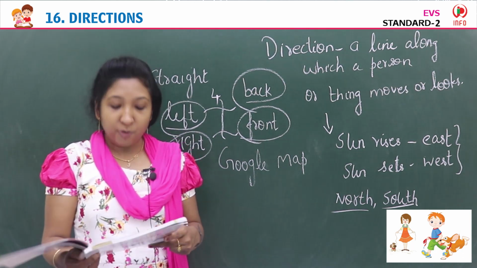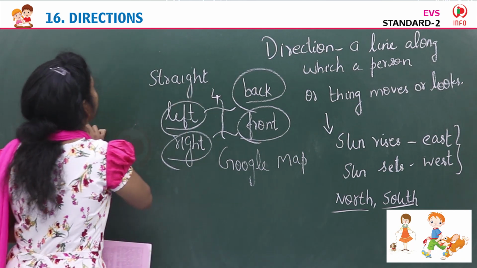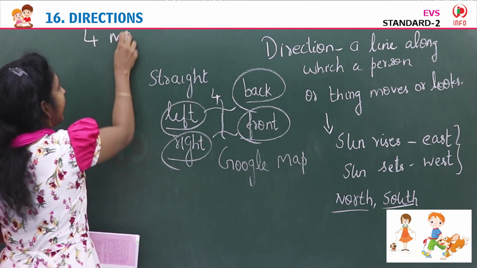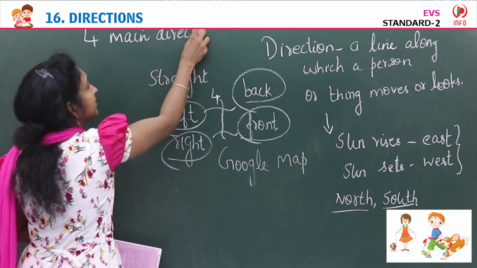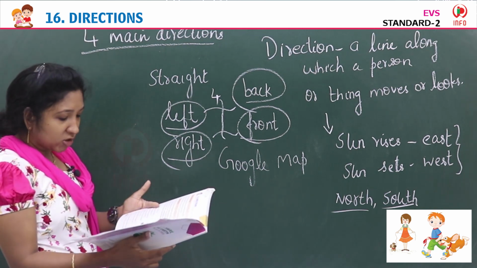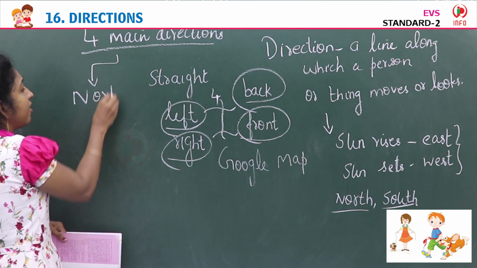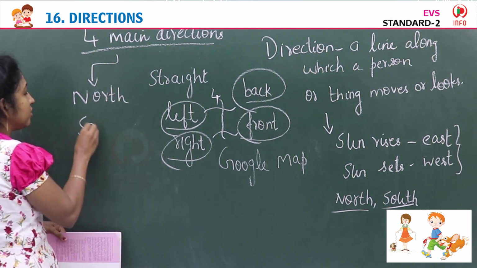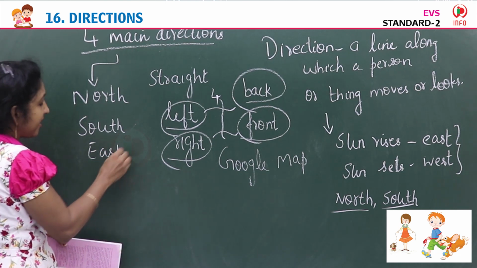Actually, there are 4 main directions. Which are these 4 main directions, children? They are north, south, east and west.